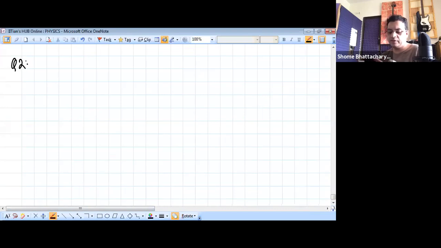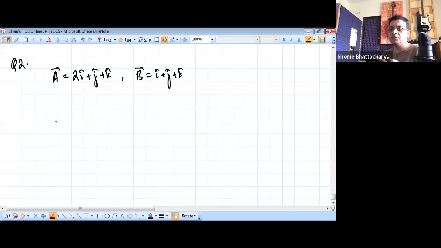So we are given two vectors A and B, and we have to check various options for whether the options are correct or not. So vector A is equal to 2 I cap plus j cap plus k cap, and vector B given to us in the question is I cap plus j cap plus k cap.